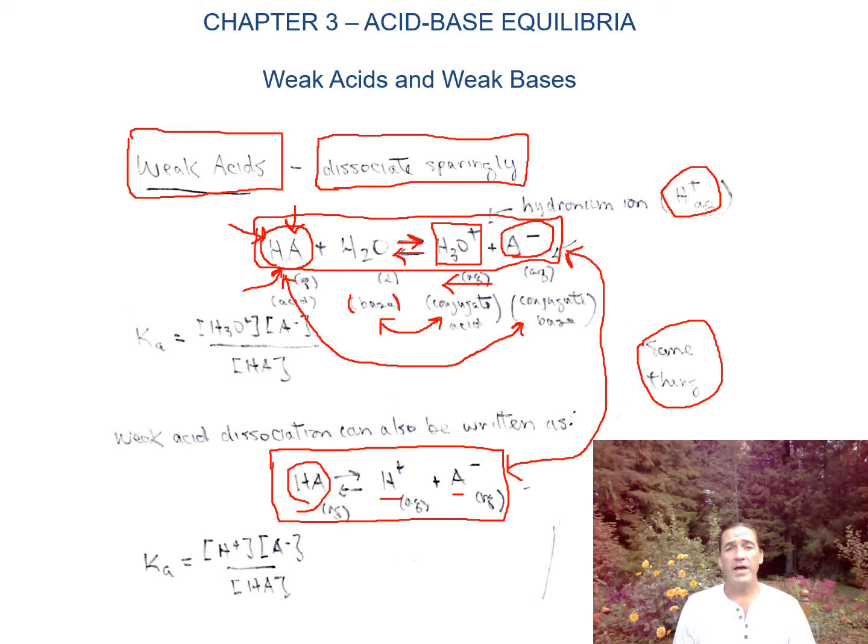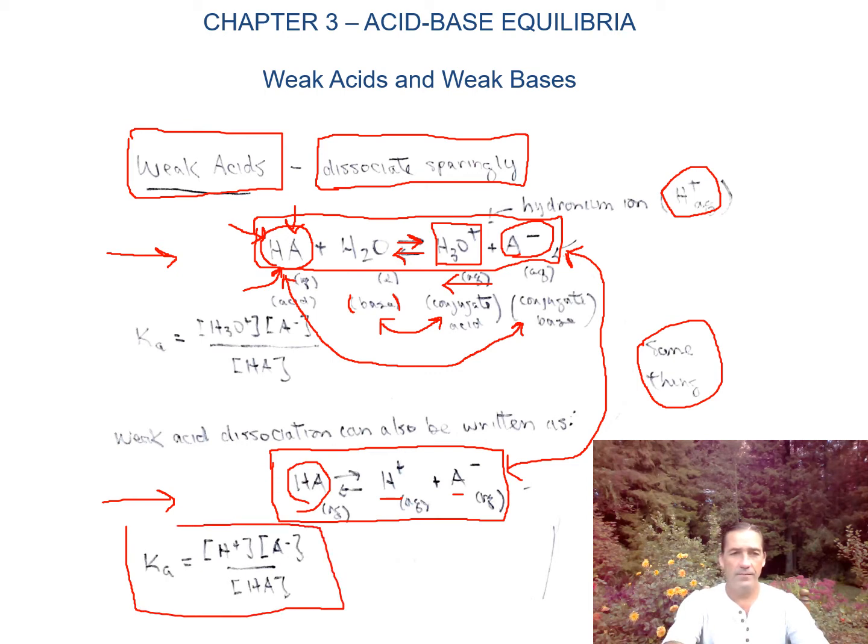So what I would like you to be able to do is write an equation expressing the dissociation of a weak acid. Either of these would work. And for that equation, I would also want you to be able to write the equilibrium expression.